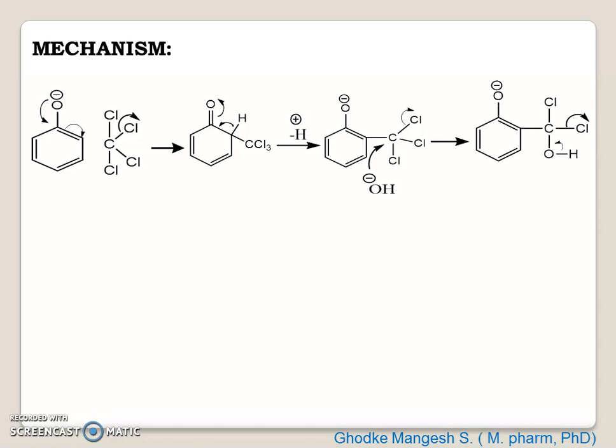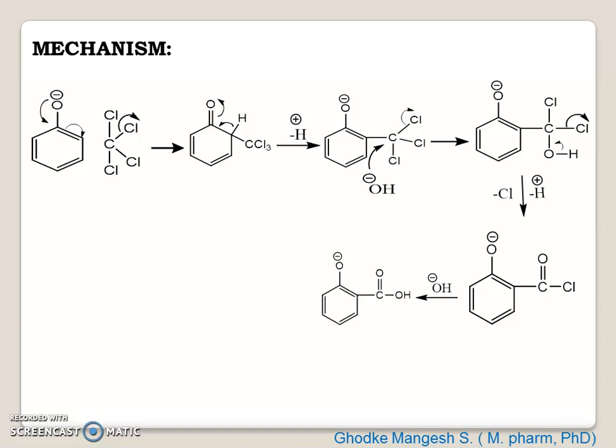Now from this intermediate, loss of HCl will take place, that will give COCl at the second position, which is reacted with base OH minus, so that it will give the COOH group at the second position. In the last step, a proton is added to the O minus, it will give 2-hydroxybenzoic acid as the major product.